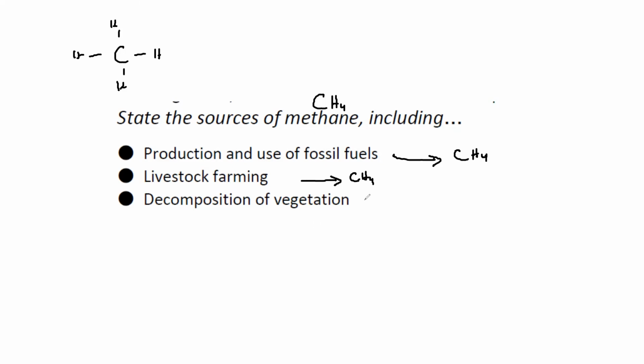And decomposition of vegetation, like when organic matter, organic waste, dead substances decay, that is also giving out methane gas. So these are the three main sources of methane. One is crude oil, fossil fuel, the second one is livestock farming, and the third one is decomposition of vegetation. And methane is also a greenhouse gas.